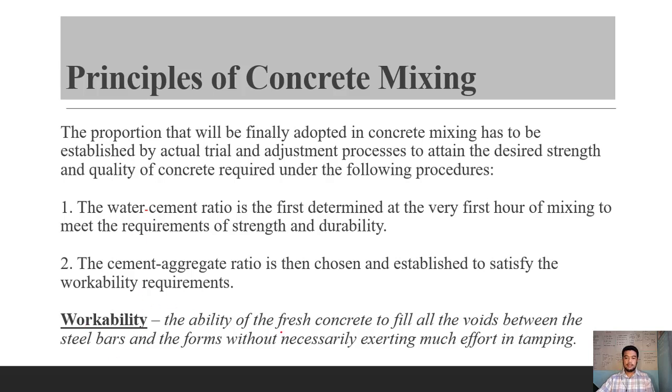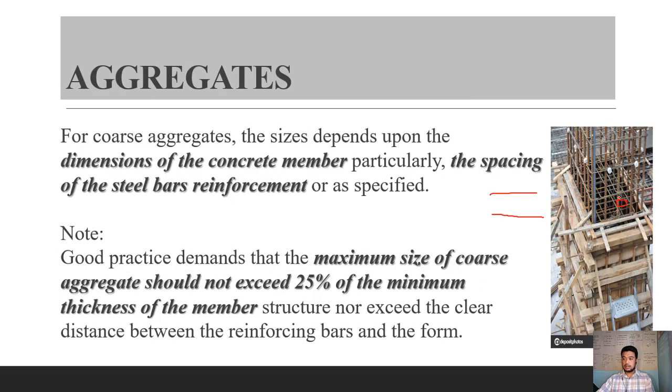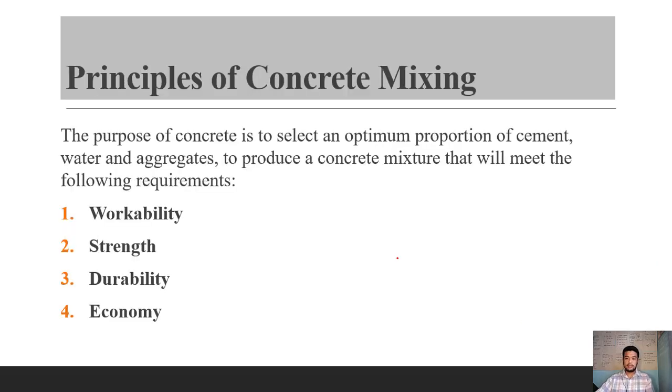That is the ability of the fresh concrete to fill all the voids. That is what I was telling you a while ago. These are the spaces that we call voids. The spaces under this form right here are what we call the voids. It should be filled easily.